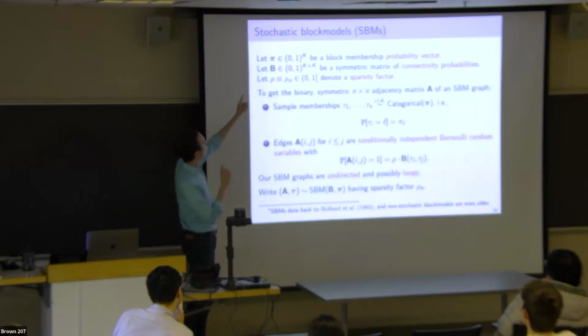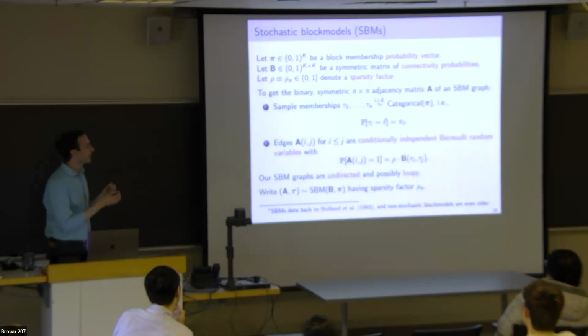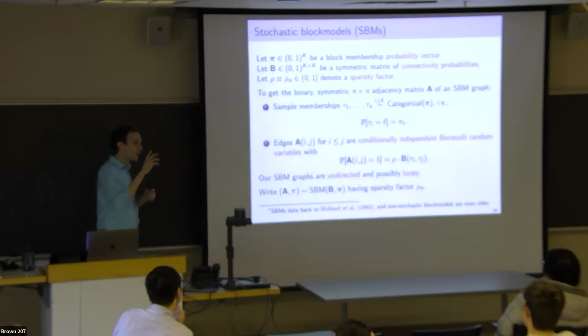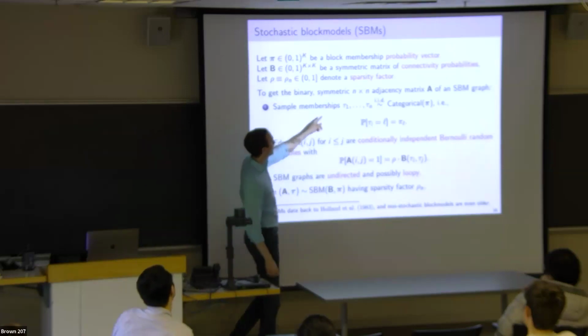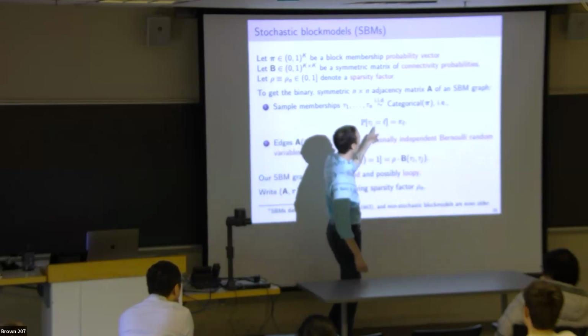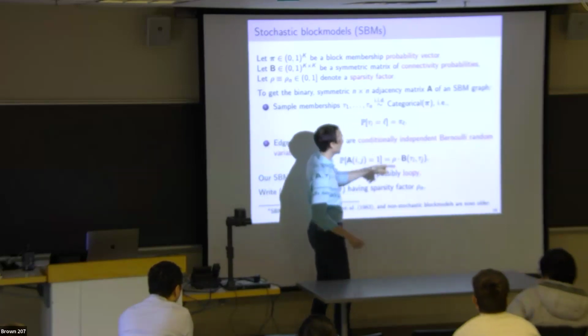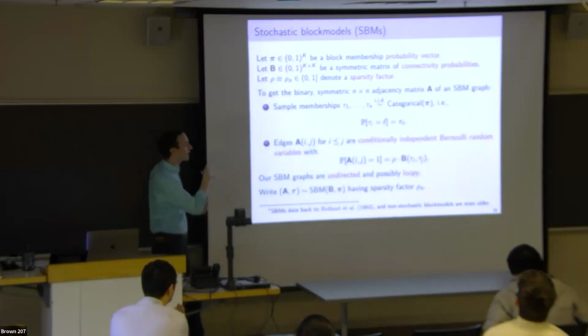We're going to have a vector pi giving us the block memberships. So every vertex or node gets assigned to a block, and we're going to do that by sampling memberships for each node. So each node has a tau_i generated categorically, and pi_L is the probability that node i belongs to category L. We're going to do that at the very beginning.